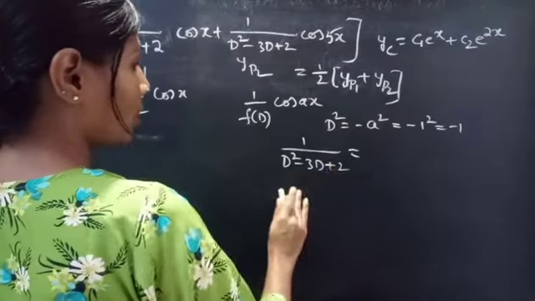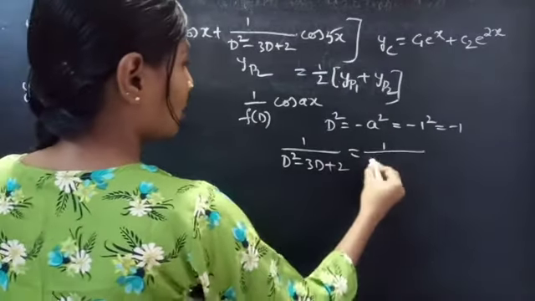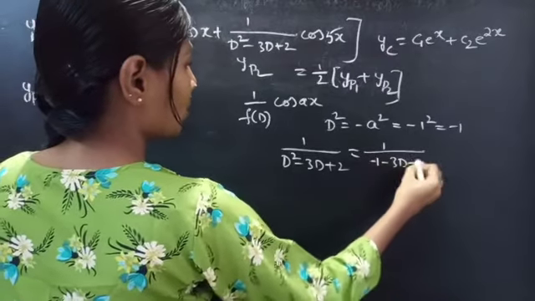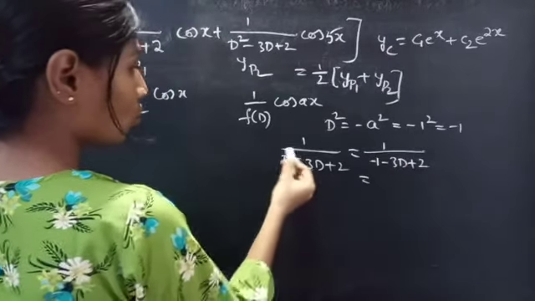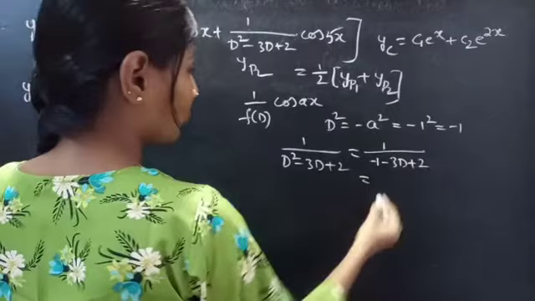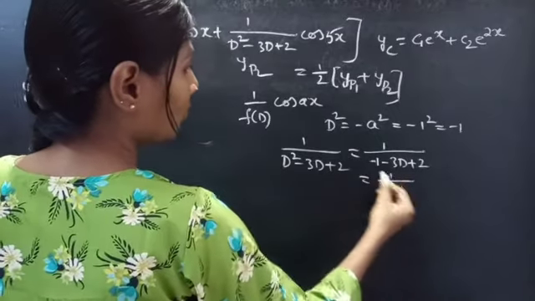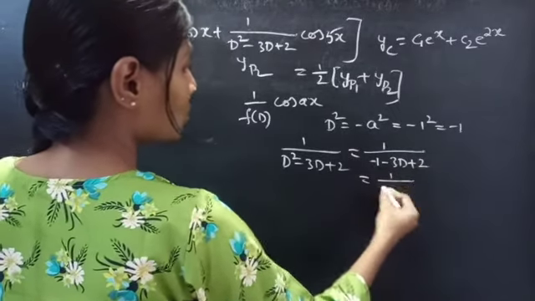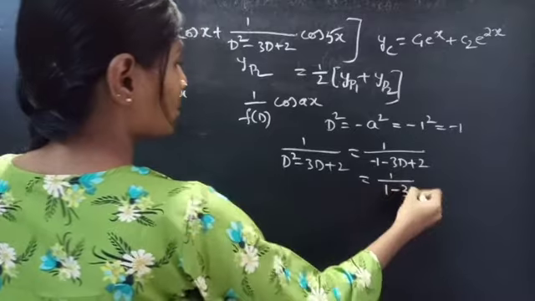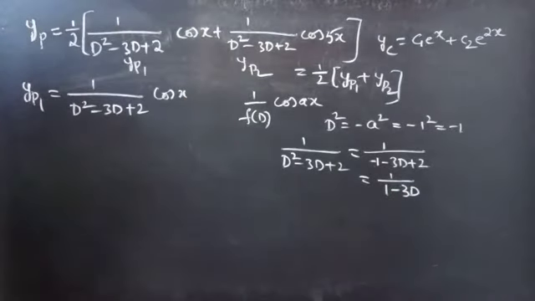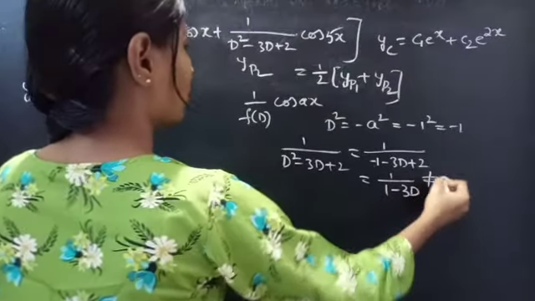Firstly, we check 1 by minus 1 minus 3D plus 2. We'll replace only D square by minus 1. Then we'll get 1 by minus 1 plus 2, which is 1 minus 3D, which is not equal to 0, right?